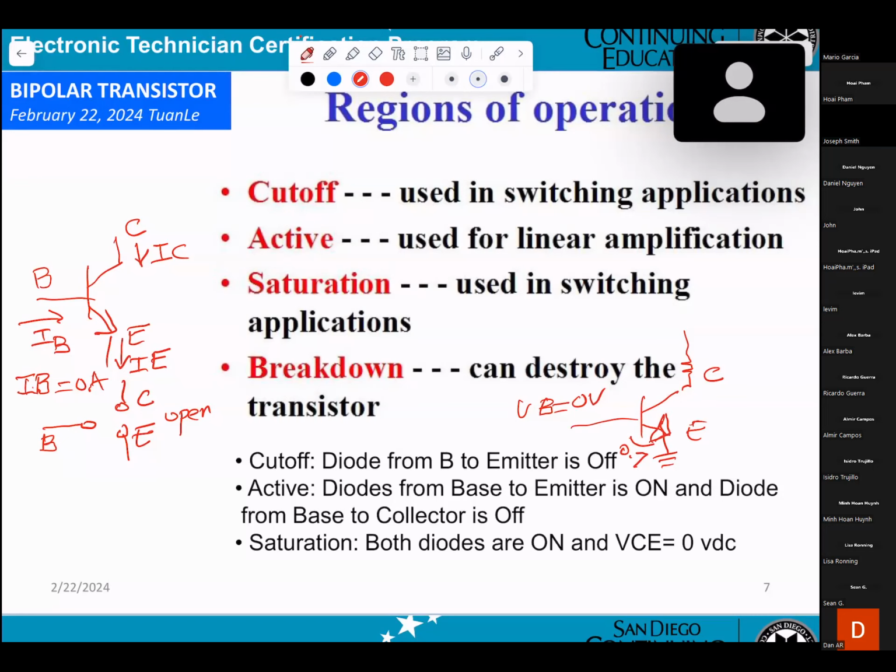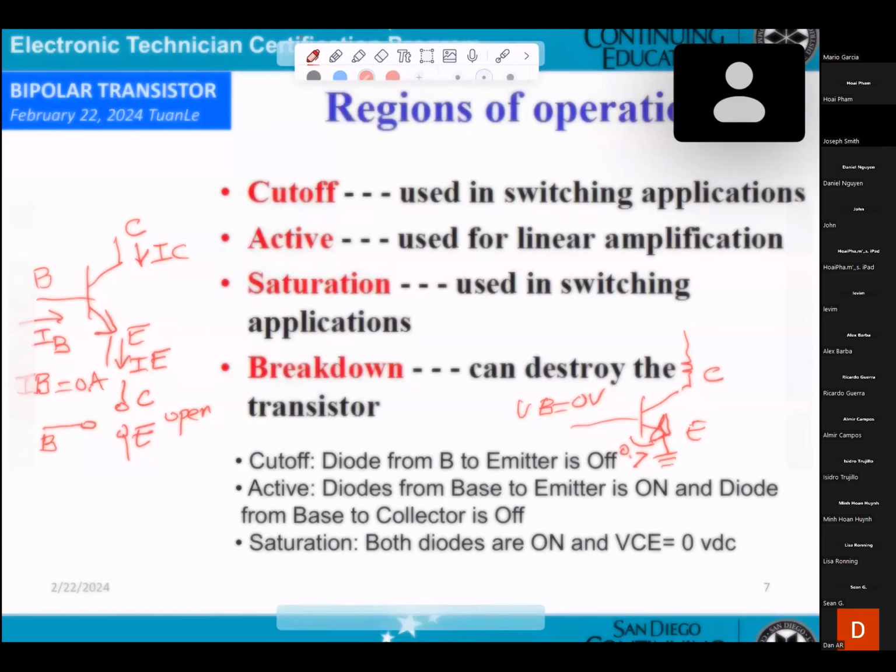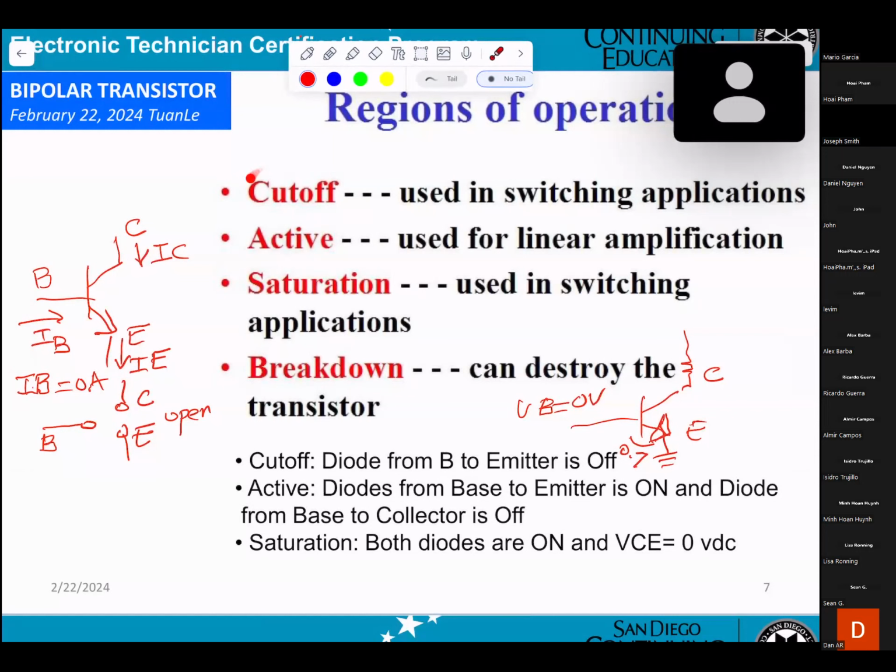Now with 0 volts, the diode at the emitter here will be off. So that's why they will be open. When they open, the current IB, IC, IE is 0. So that's why we're talking about cut off.